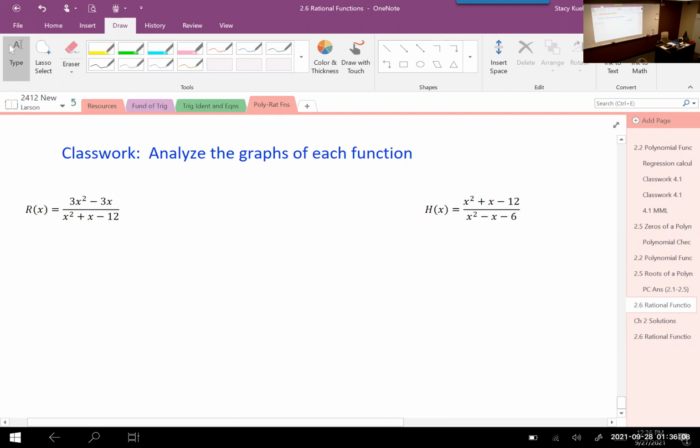Is there not a y? So the x-intercept is 0. When you factor. That makes sense.